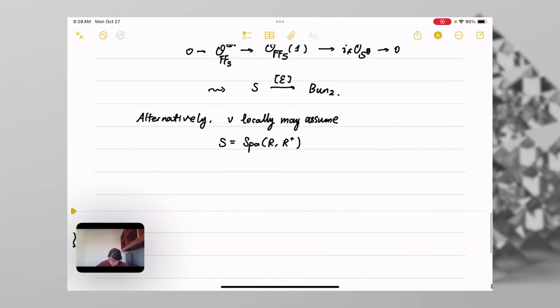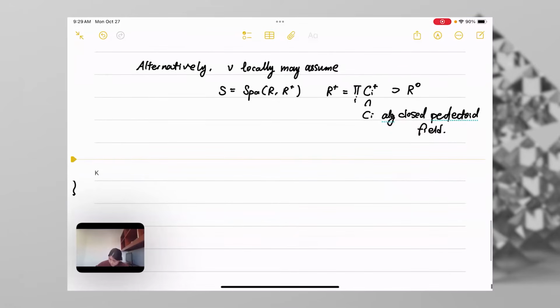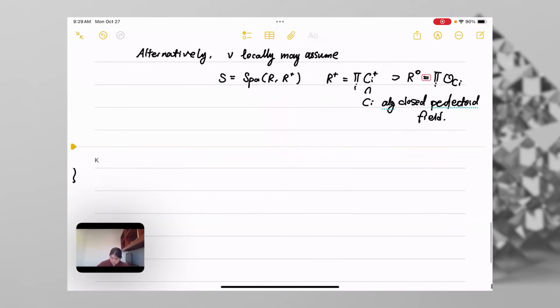Namely, the test object will be of the form Spa R, R plus, where R plus is a product of absolutely integrally closed valuation rings. And inside R plus, there's a subring of power-bounded elements, which is a product of the rings of integers in these algebraically closed fields.